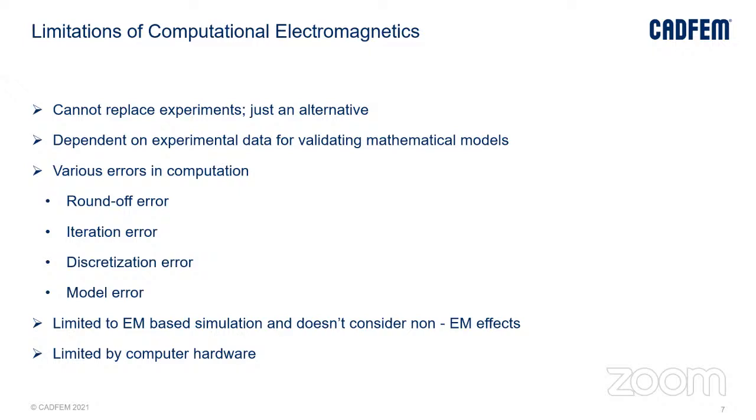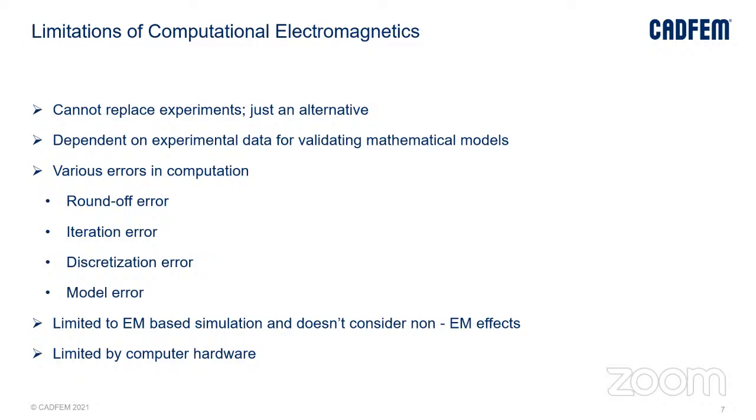So this point tells about, in terms of HFSS, that it basically deals with the electromagnetic behavior of the structure, but it doesn't accommodate other effects, for example acoustics or vibration. So those effects cannot be taken into the simulation.